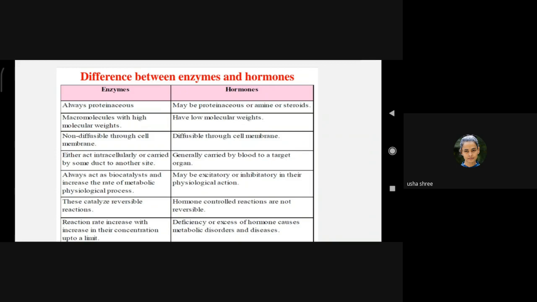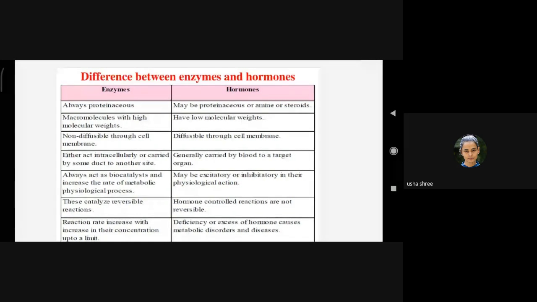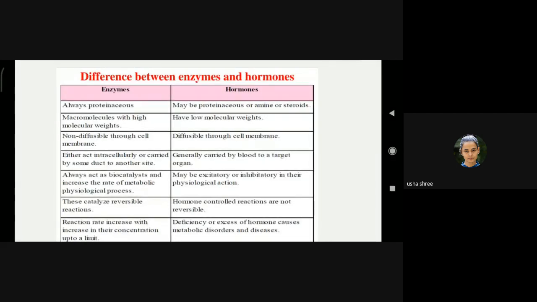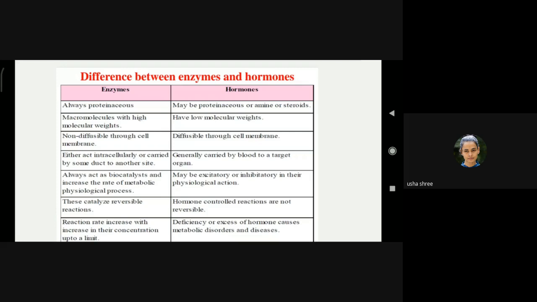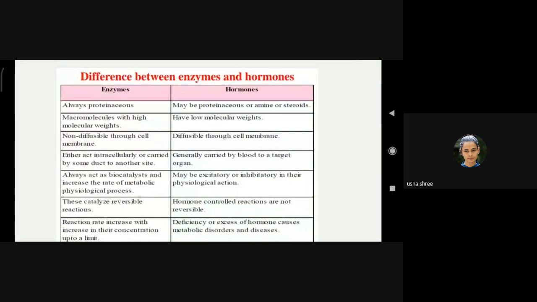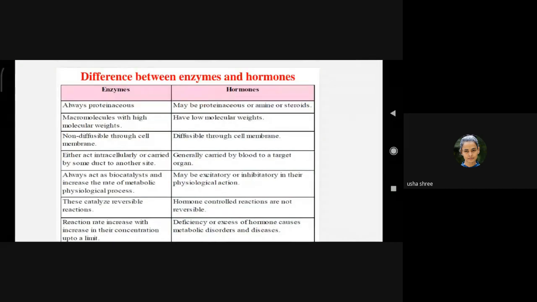Now, enzymes are macromolecules with high molecular weights, but hormones have low molecular weights. Enzymes are non-diffusible through the cell membrane, but hormones are diffusible through the cell membrane. So you can see enzymes are a bit heavy. They can't diffuse through the cell membrane.